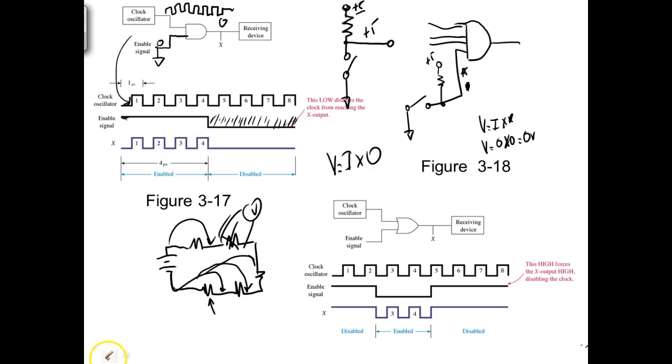If I come over here and put a 1 on this input, then we allow this clock to go through. So now the output is responding to what's on this other input. So we can use AND gates to enable or disable other signals. That makes sense?